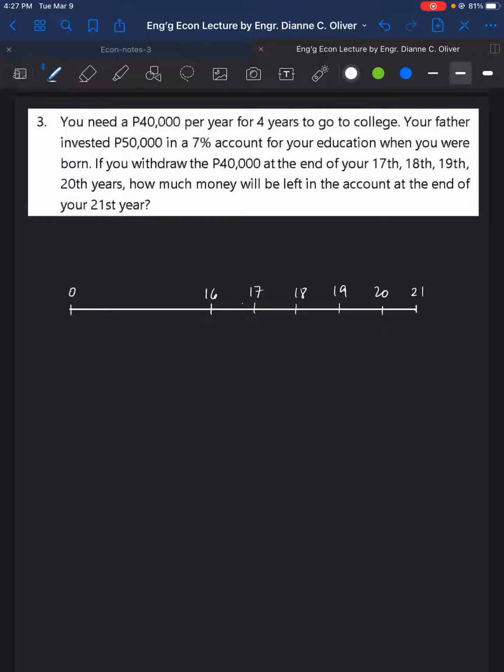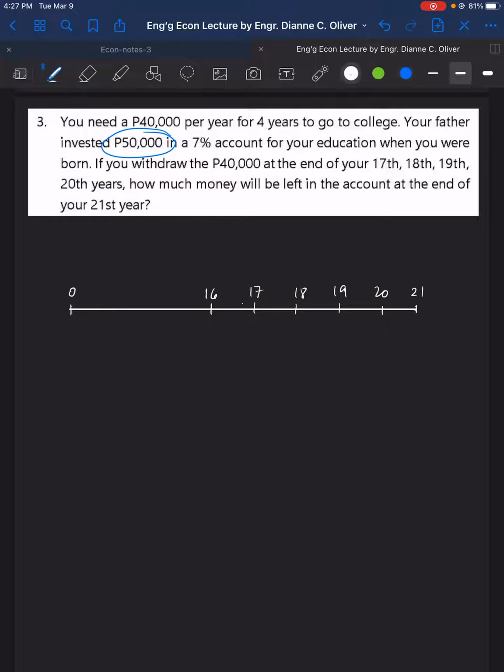This is the 21st year. So to solve this, we need to compare the amount of money at the end of the 21st year if you're not withdrawing the money. So we need to find out what the 50,000 pesos is worth in 21 years.